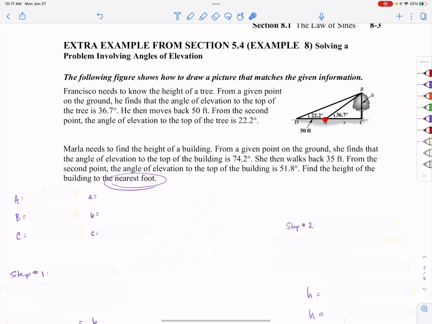Well, then he moves back 50 feet. So that's the distance from A to D. He moves back 50 feet. And from this second point, the angle of elevation to the top of the tree is now 22.2 degrees. So that just walks you through how to draw your picture.